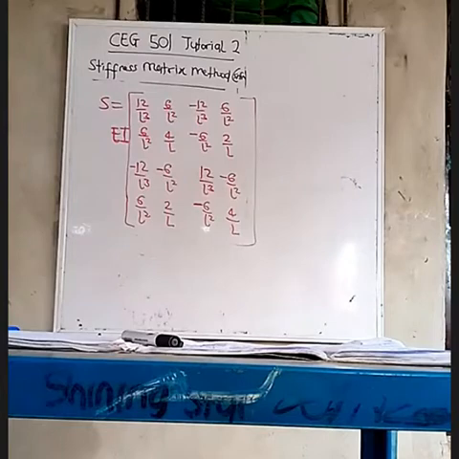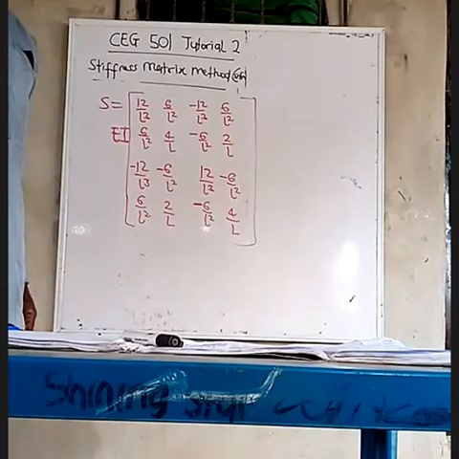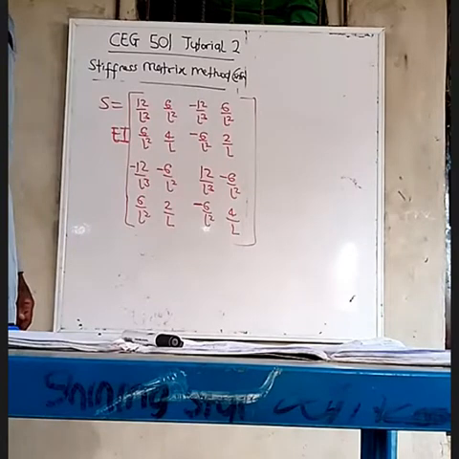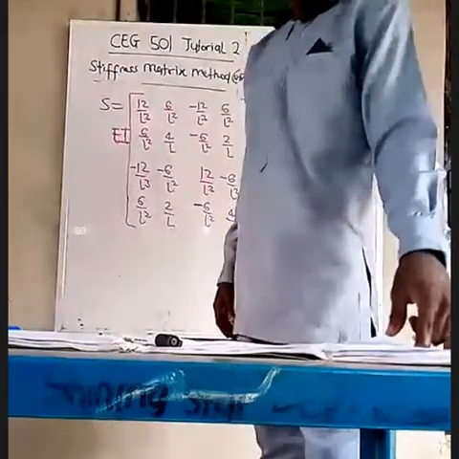Yes, S41. This is over L squared, and can you touch it? The S41, that is 6 over L cubed? I don't get the S41, the value of S41, the last row. No, there is no cube.